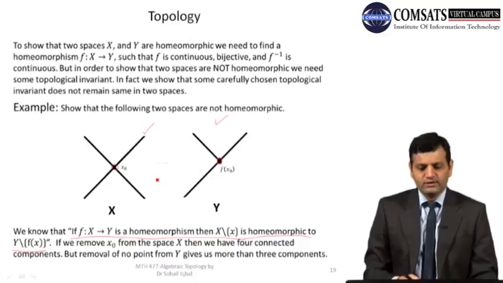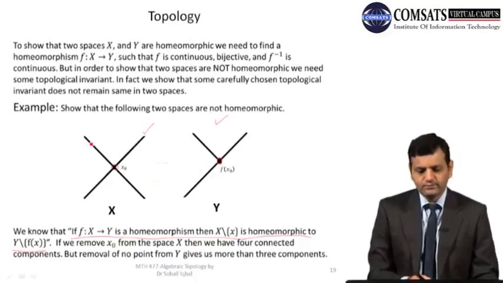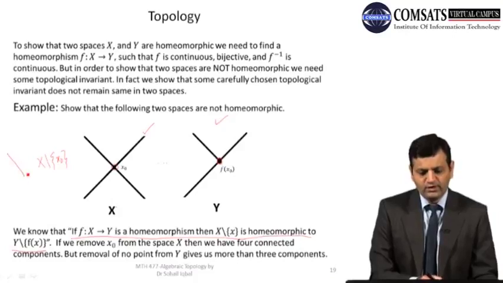In this case, if I take this point out, the space X minus x naught is disconnected. This space X is connected, but X minus x naught is disconnected, and it has four connected components.